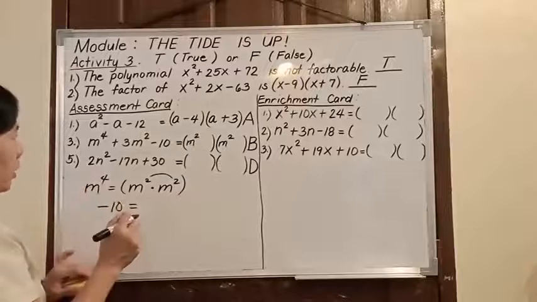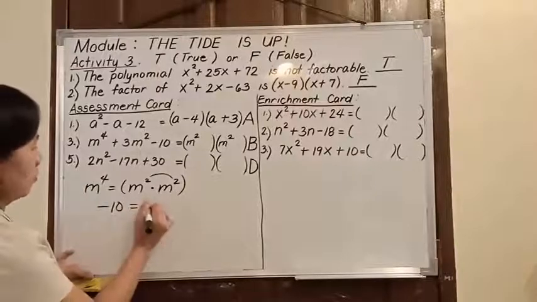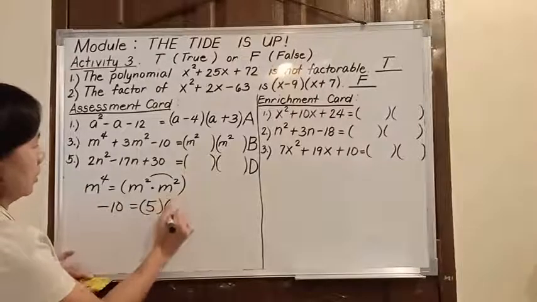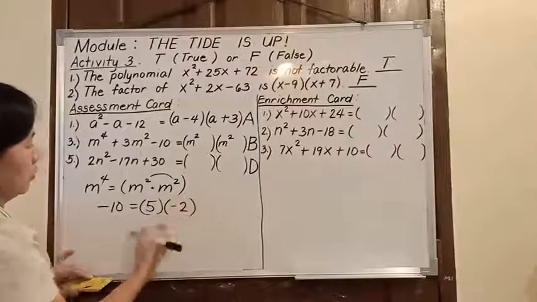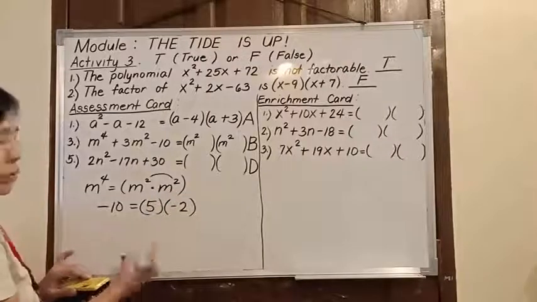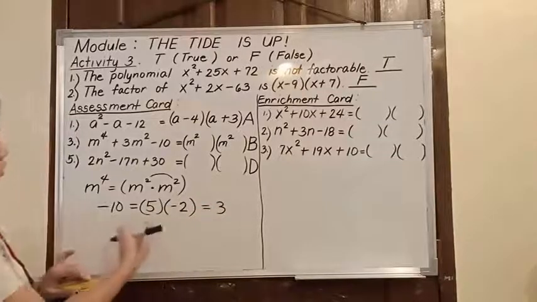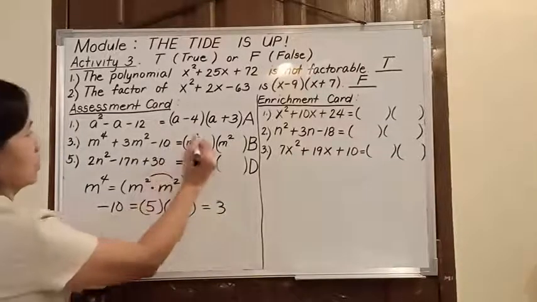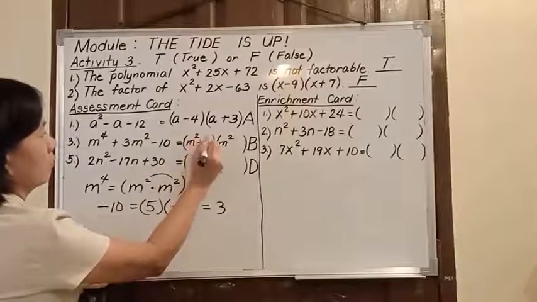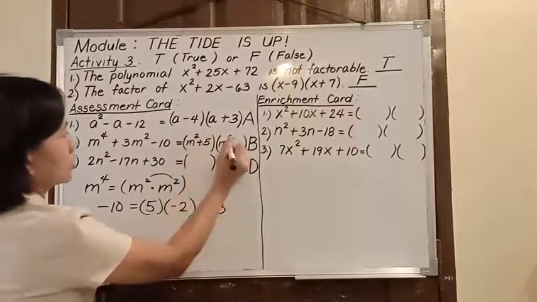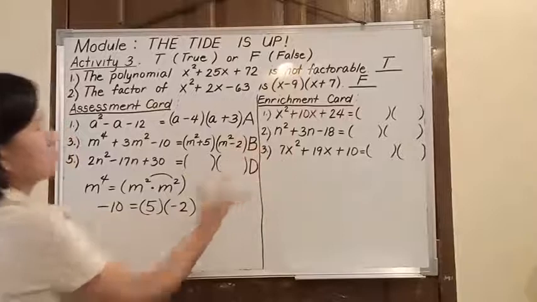Try natin yung 5 and 2. Positive 5 and negative 2. 5 minus 2. Because of the different signs, we have positive 3. So, 5 and negative 2. M squared plus 5, m squared minus 2. And that is letter B.